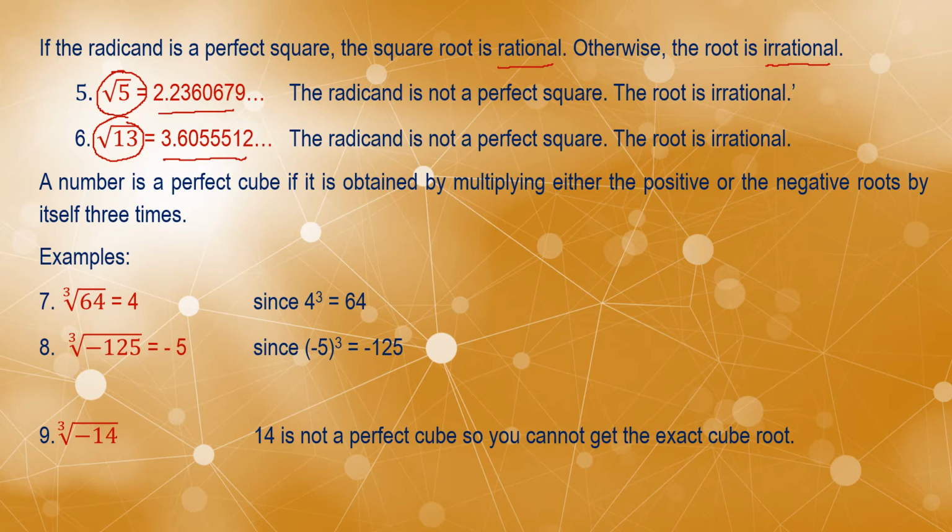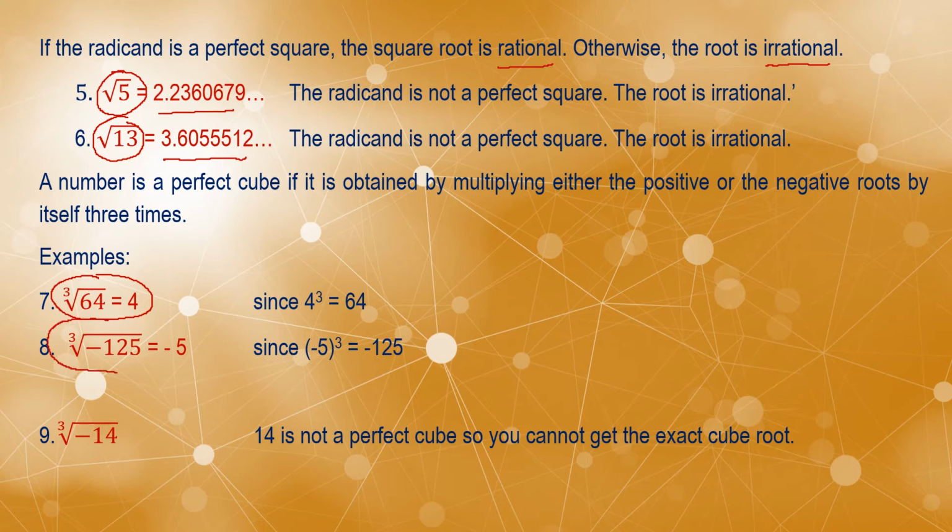A number is a perfect cube if it is obtained by multiplying either the positive or the negative root by itself 3 times. Let's have some examples. Cube root of 64 is equal to 4, since 4 raised to the third power is equal to 64. Another example.